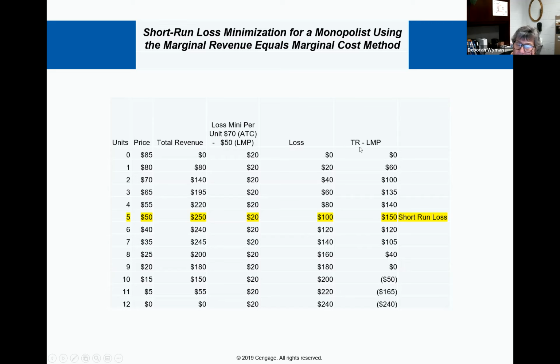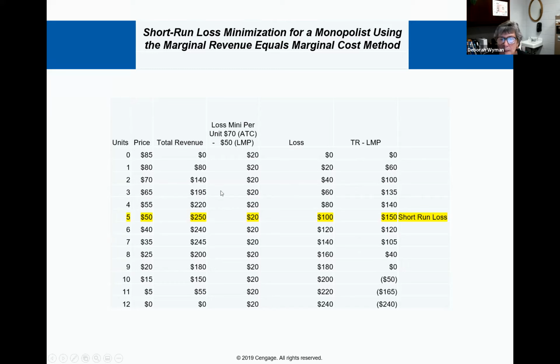And then your total revenue minus your loss minimization per unit is going to be 60. So 80 minus 20, 60. 140 minus 40 is 100, 195 minus 60 is 135, straight down.